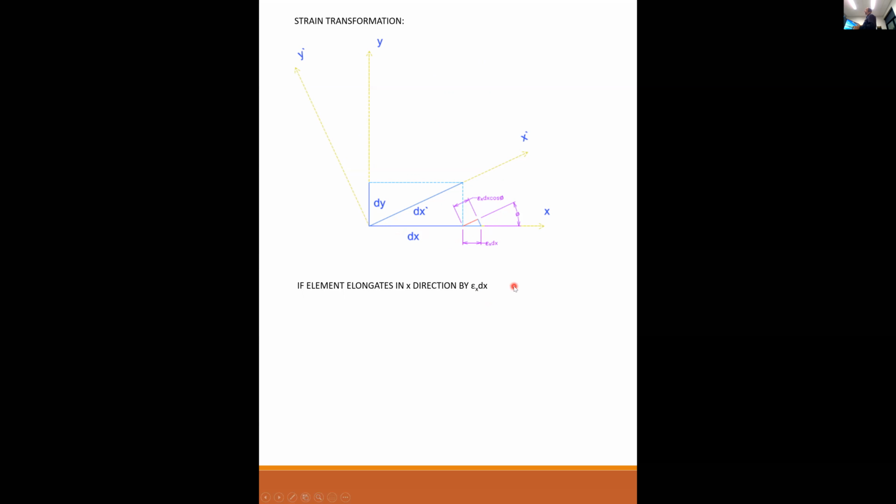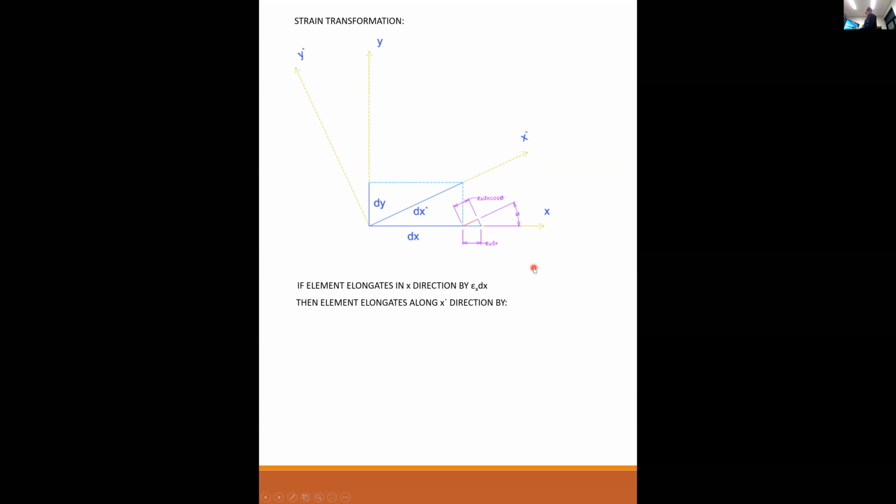Remember, the new length is equal to the strain times the original length. Or I'm sorry, the deformation, not the new length. The deformation of an element is equal to the strain times the original length. So the original length is dx. The deformation horizontally is epsilon x dx.